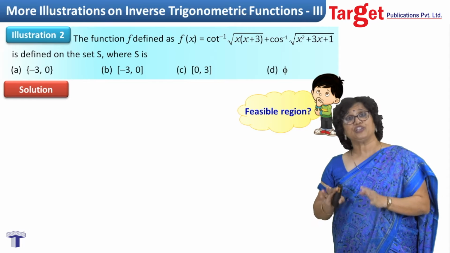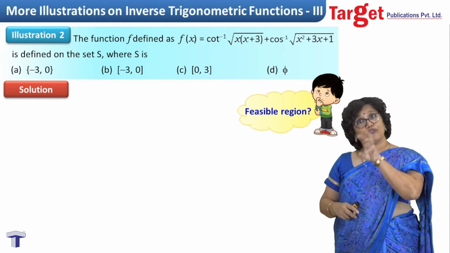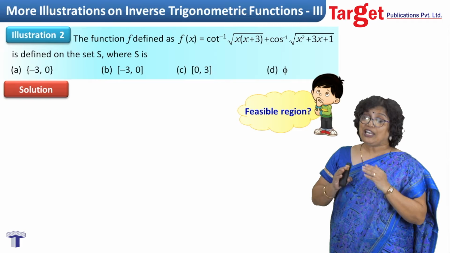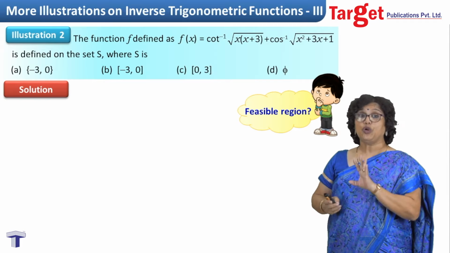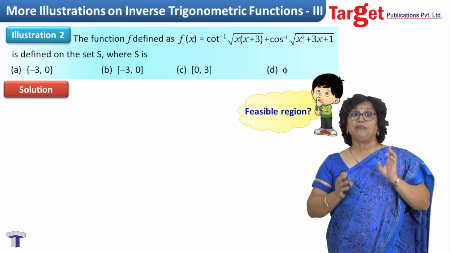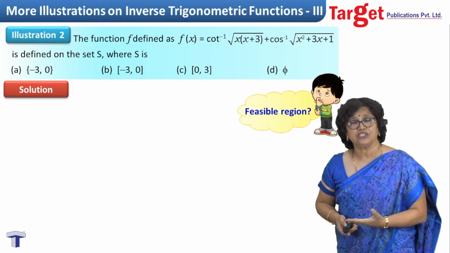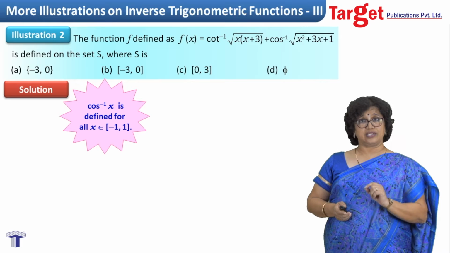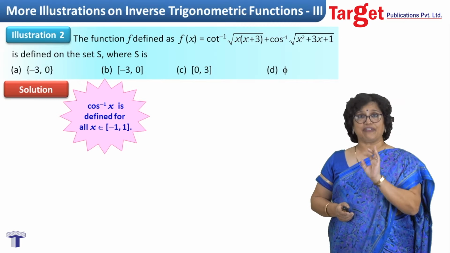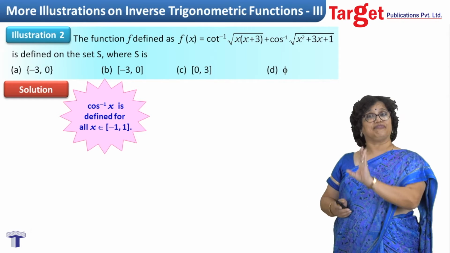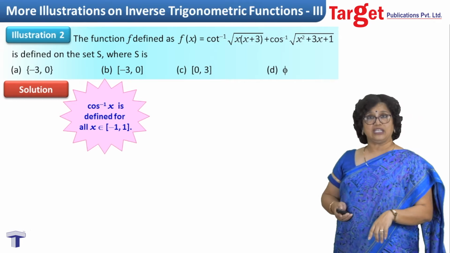When I say feasible region, I mean that for cot inverse of something you are writing there, the values you are writing there should be something which will make cot inverse a meaningful function. Now the same is true for cos inverse also, and hence I start putting conditions. Cos inverse x, if I write, is defined only when x is between minus 1 and 1.